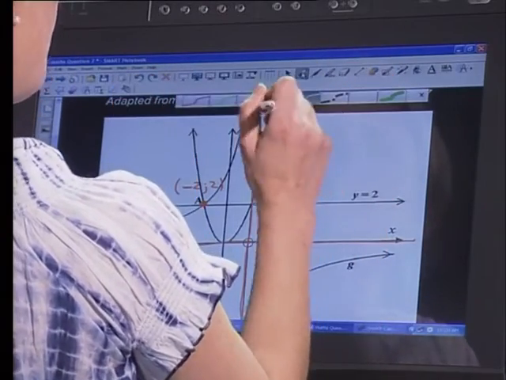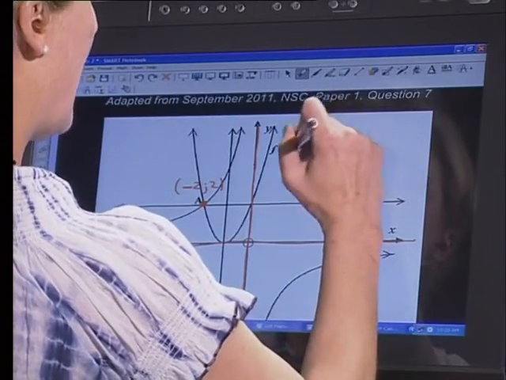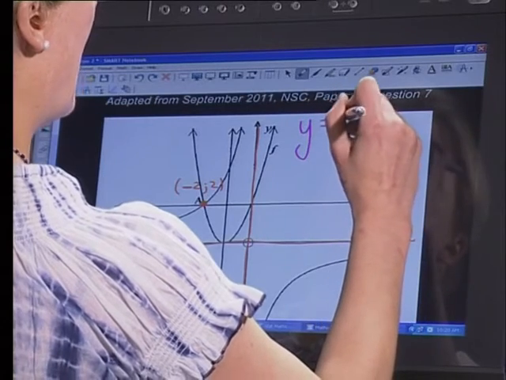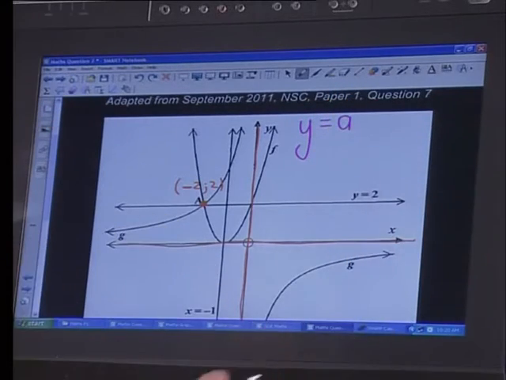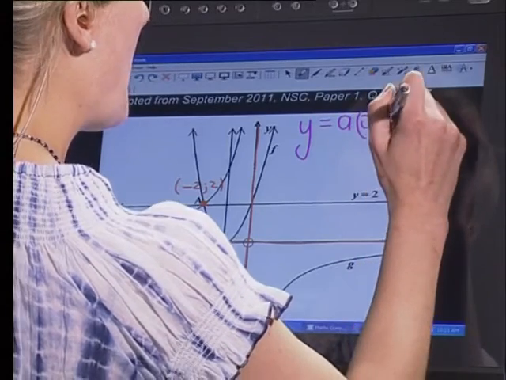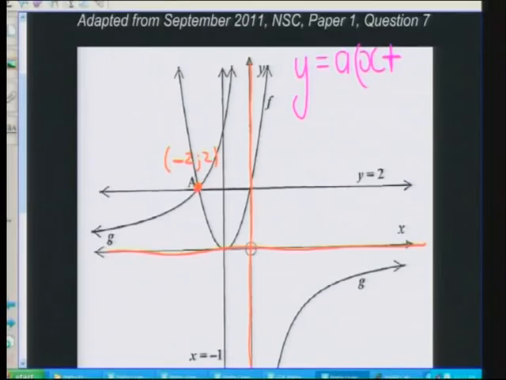Let's take a better one. I'm going to say y is equal to a. Now, my parabola has moved from the y-axis 1 unit to the left. So this is going to be (x plus 1), everything squared. And because it is on the x-axis, there is no q for us to worry about.